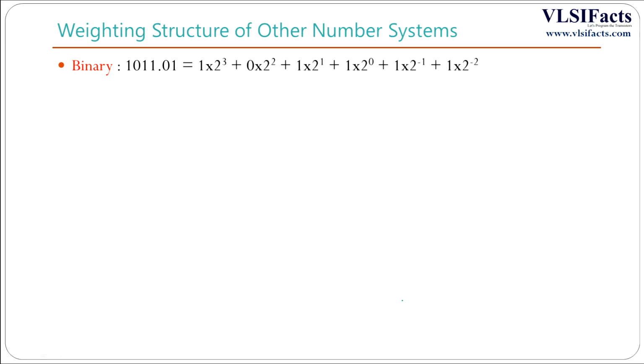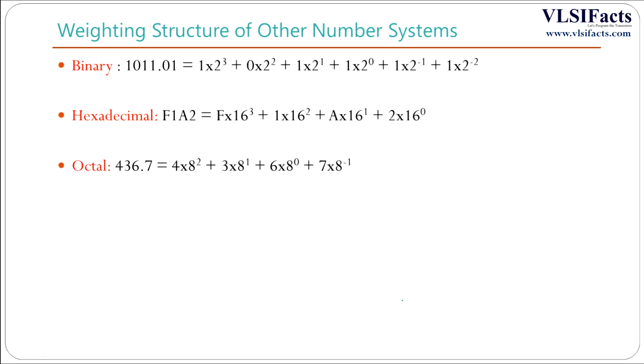Similarly, the other examples, such as in case of hexadecimal, a number F1A2 can be represented as F into 16 to the power 3 plus 1 into 16 to the power 2 plus A into 16 to the power 1 plus 2 into 16 to the power 0. An example from octal number system, the number is 436.7.